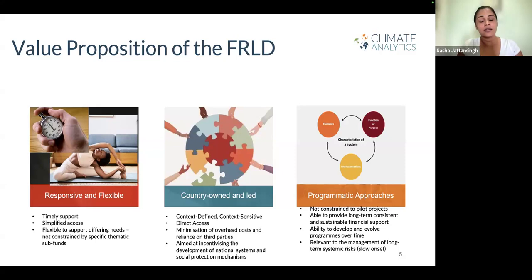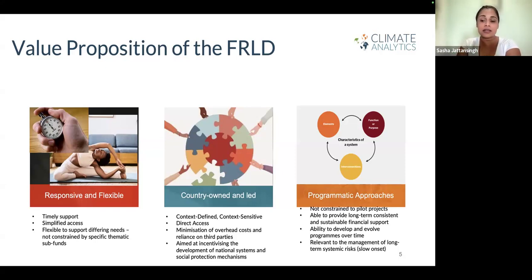Also, the fund for loss and damage is country owned and led, so it has to be context sensitive and context defined. These are the issues and the priorities of the country or the region, and really supporting direct access, so that communities are able to access this funding.